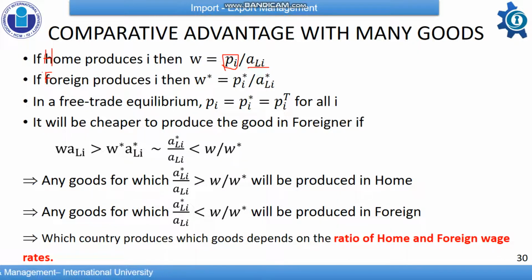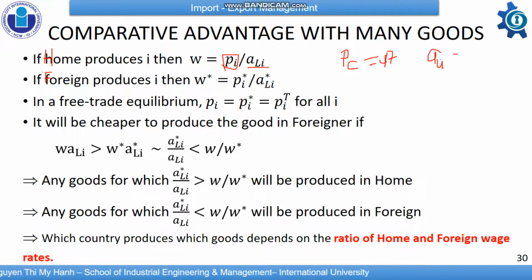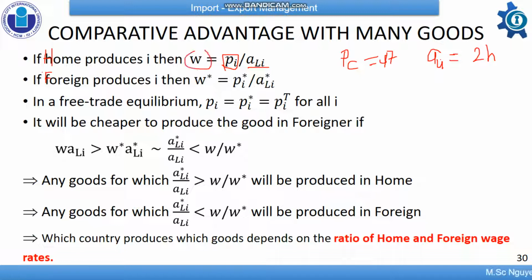Okay. So for example, here we have P_cheese equal to $7, and we need 2 hours to produce 1 pound of cheese. So the wage here is 3.5 dollars.